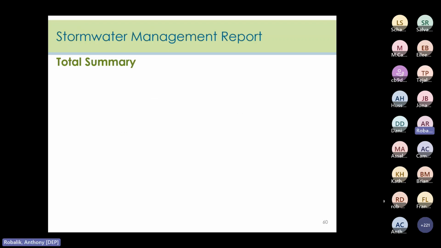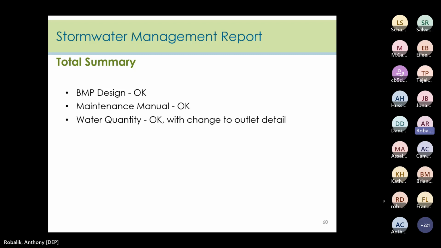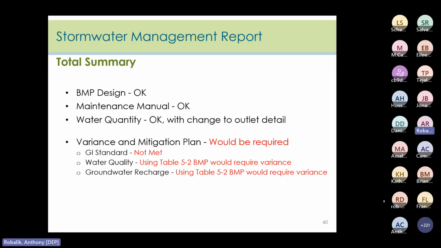So in summary, the BMP design is good with that soil replacement. The maintenance manual was okay. The water quantity control was okay, as long as they make that change to the outlet control structure detail. And as for water quality and groundwater recharge, under the old rule, when this was reviewed, it would have been met.